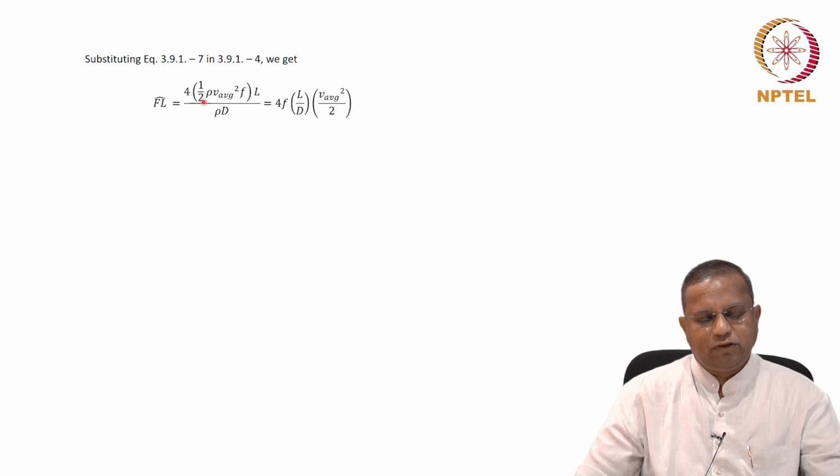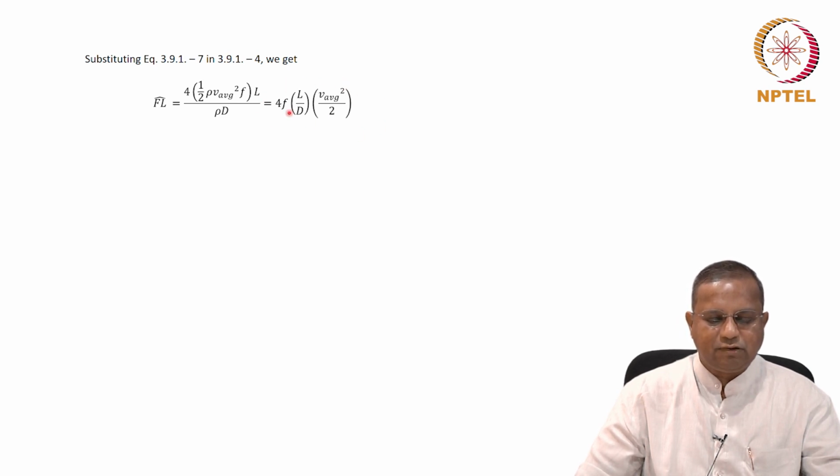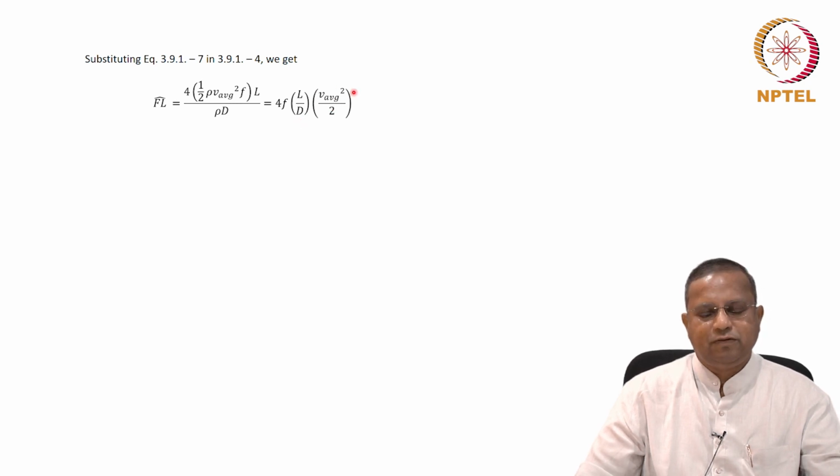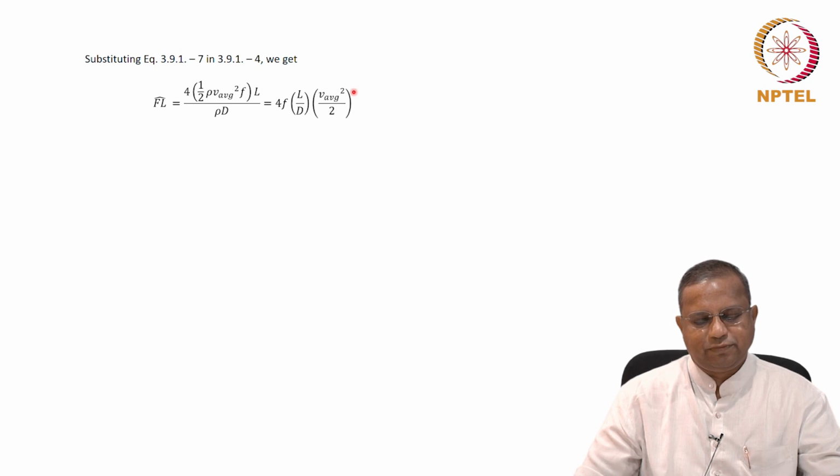So the frictional loss per unit mass in a straight pipe is 4 times a certain friction factor, L by d, v average squared by 2. So we have a means of predicting or calculating the frictional loss if we know the friction factor for a given pipe, for a given L by d situation, for a particular flow with an average velocity V average. This is 3.9.1-8.